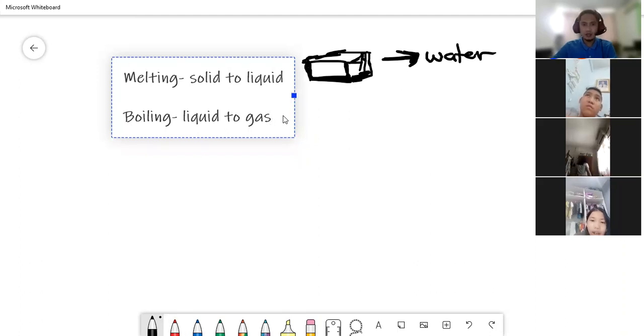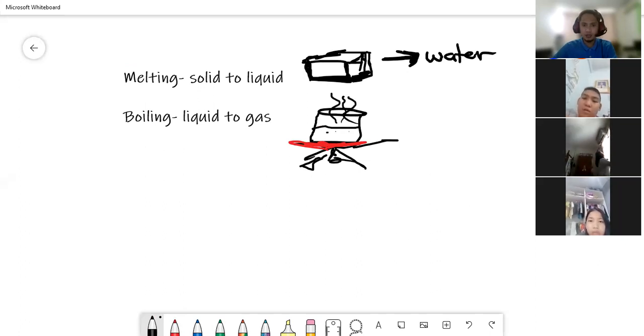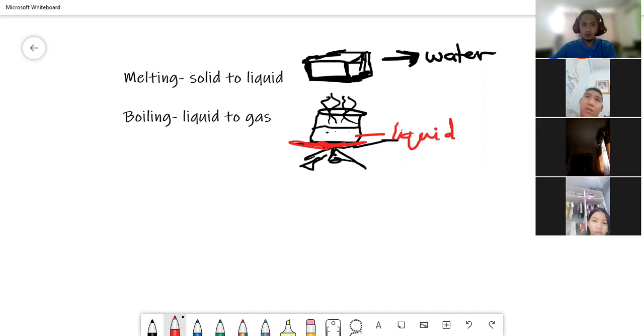So here I will draw from the liquid to gas. Fire, color red, and then the water here will boil, go up, go up, go up. So this one is from liquid to gas. That is very easy, no?